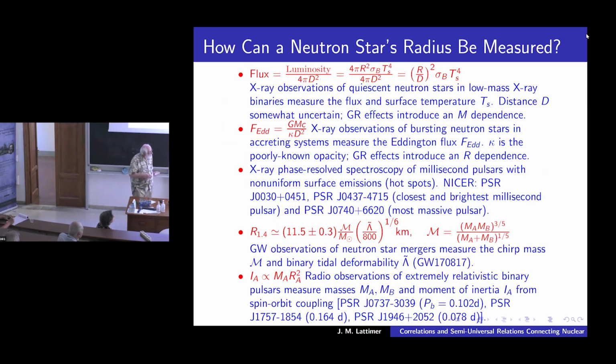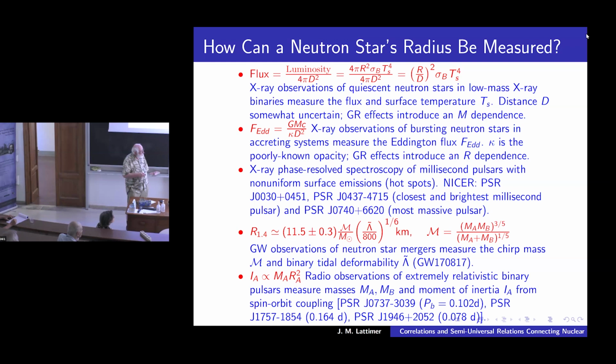Now, how do we measure radii of neutron stars? Well, one obvious way is to use X-ray observations of a quiescent neutron star, one that's not flaring or bursting, in a low mass X-ray system. And if you can measure the flux, which is the luminosity divided by the area of a sphere connecting us with the object, and if it's a black body, then that will be proportional to temperature to the 4th power times the radius squared.